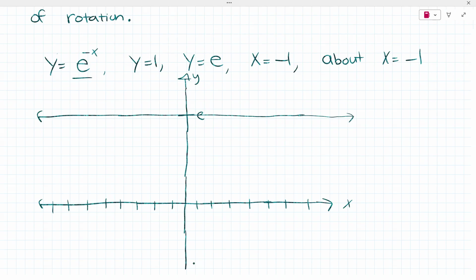And then y equals 1, here's 1. And then this graph here would look something like this. And then where's negative 1? Negative 1 is right here.